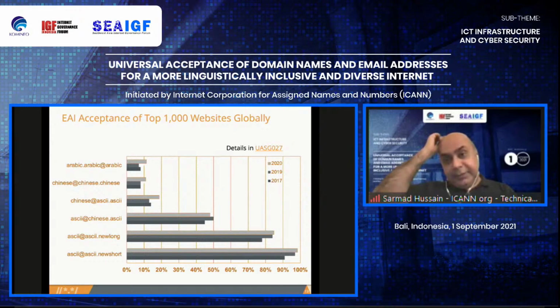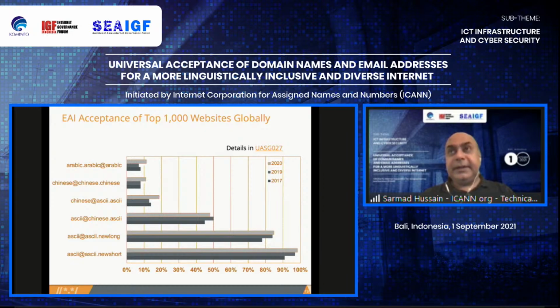What we actually did was also look at the actual impact of these systems on the website. We surveyed about 1,000 websites globally and looked at whether their contact us page, where they normally ask for user email, would accept email addresses of the different types which were shared earlier.